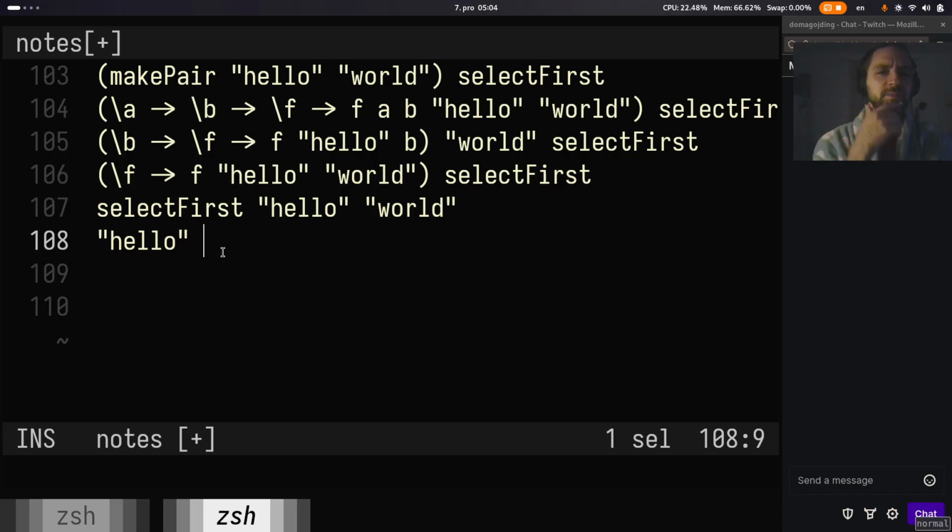And I chatted with ChatGPT about it, and it told me I could define swap. How would I define swap? So make pair, hello world. I forgot actually, but you could swap the values.